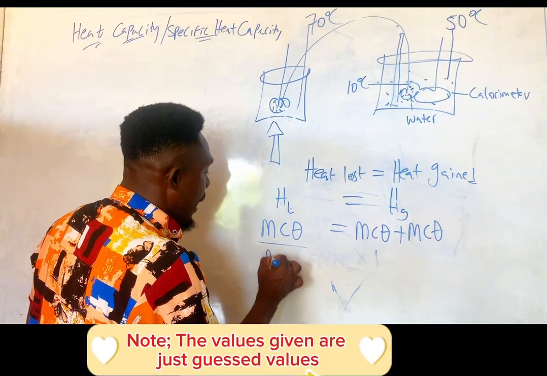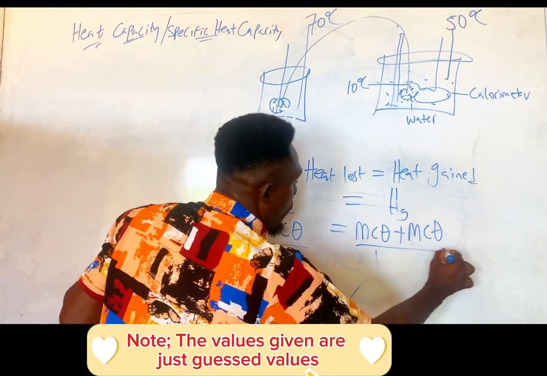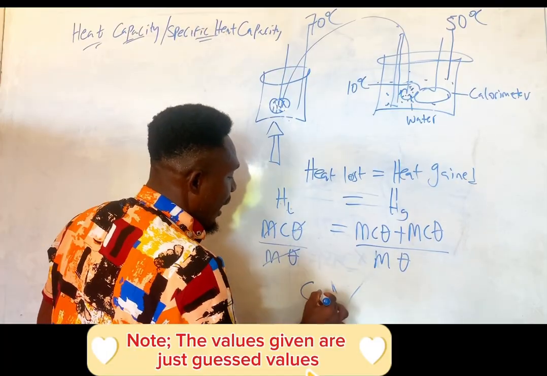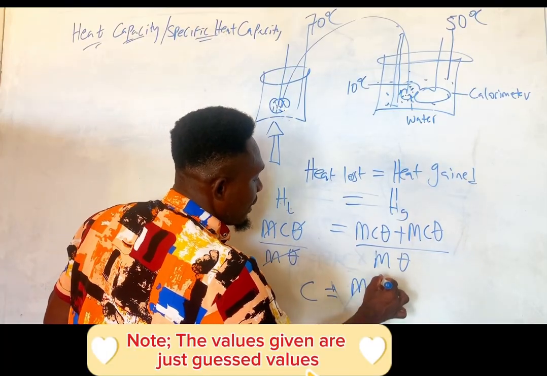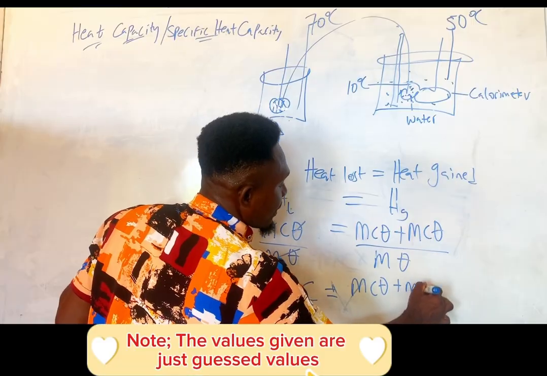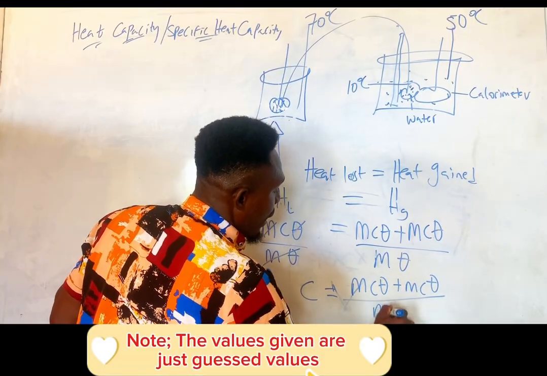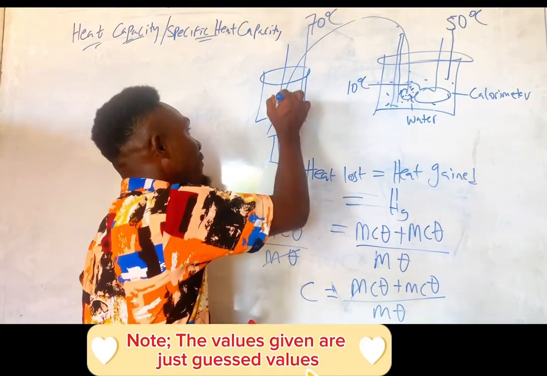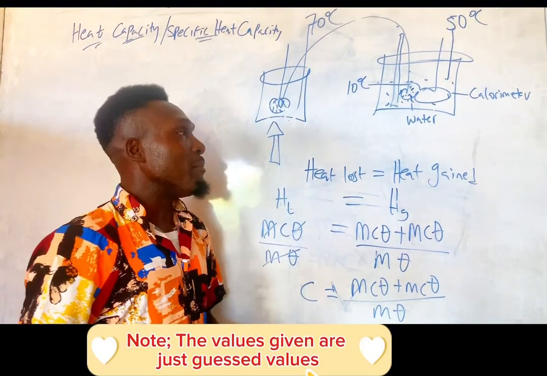Dividing it by mθ. Divided by what? mθ. So this cancels this. So our c will be mcθ plus mcθ all over mθ. The value obtained is the specific heat capacity of this metal.